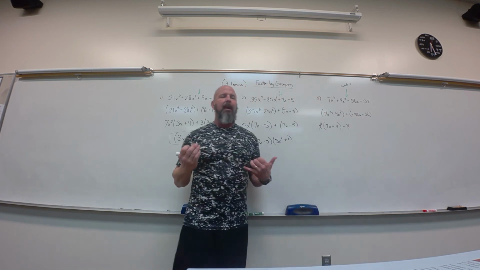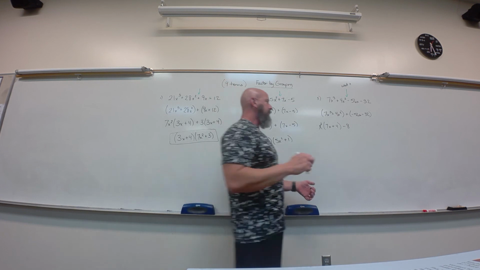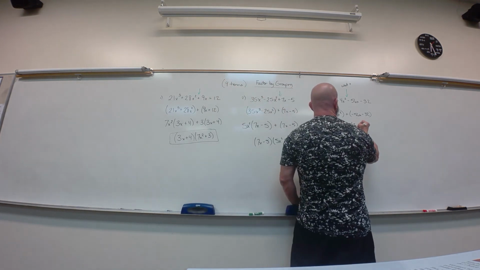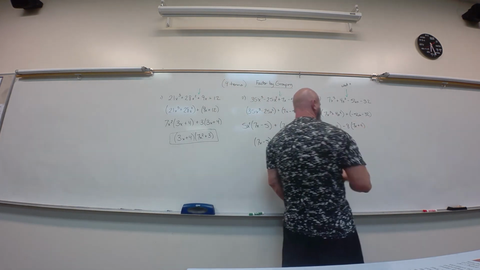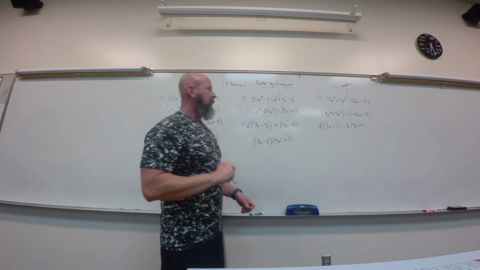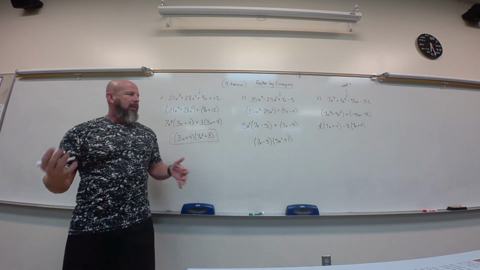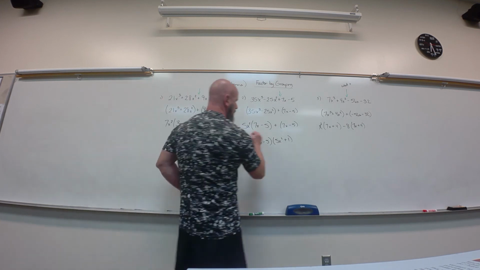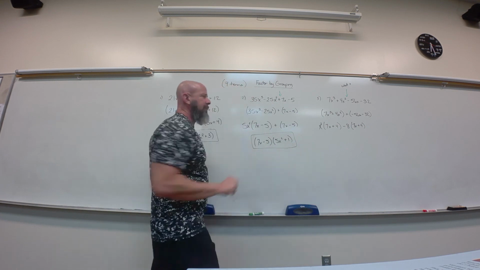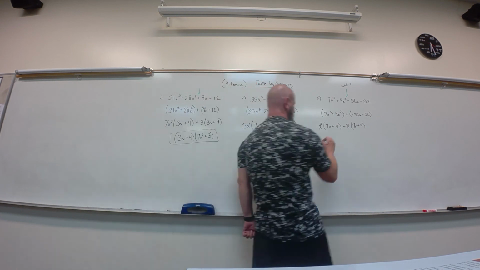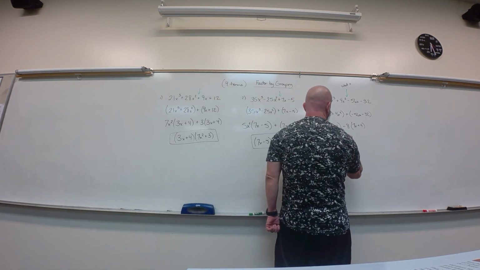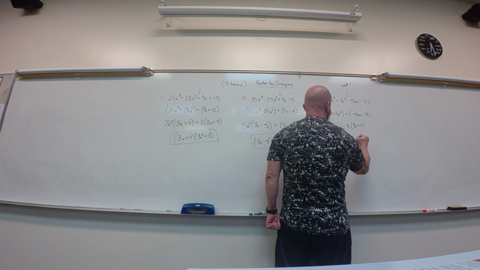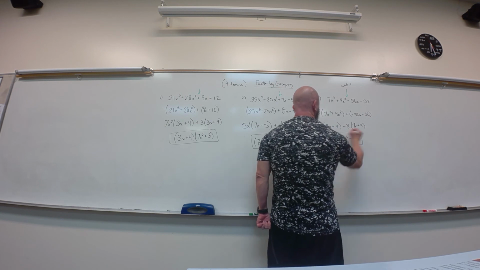When I do that, that's going to leave me 7x plus 4. Looks pretty similar to what we had in the first one. In that problem, I've got a 7x plus 4 in common. Take that out, and I'm left with an x squared minus 8.